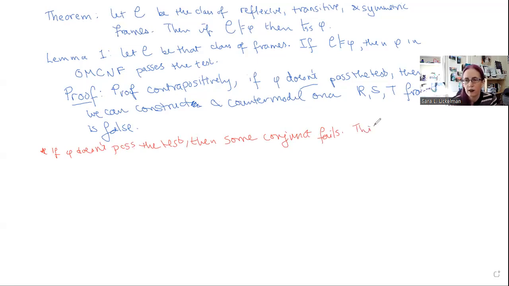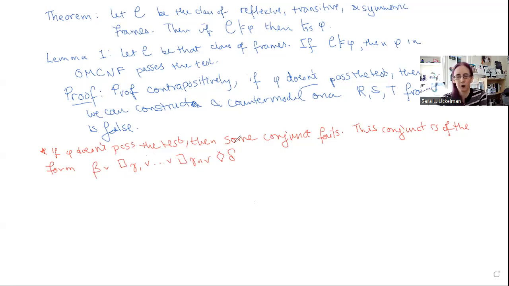So this conjunct, this one that fails to pass the test, is of the form beta or necessarily gamma 1 or up to necessarily gamma n, for some possibly 0 n, or possibly delta. So our purely propositional bit, our various necessity bits, and our single purely possible bit.